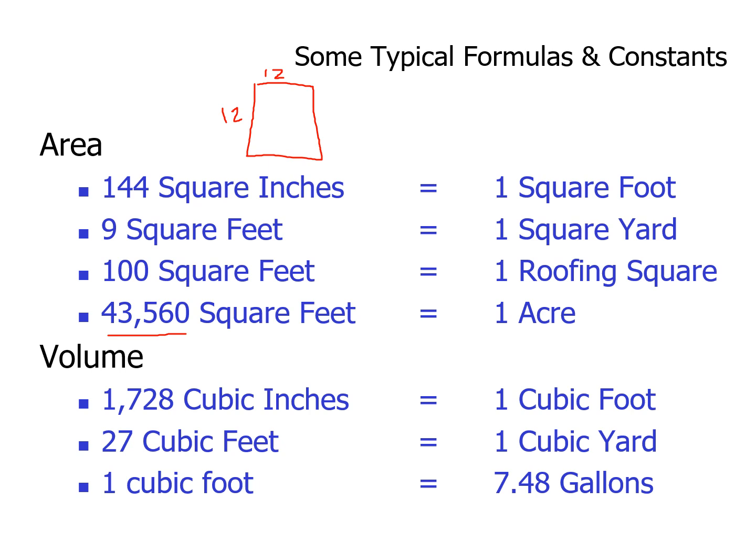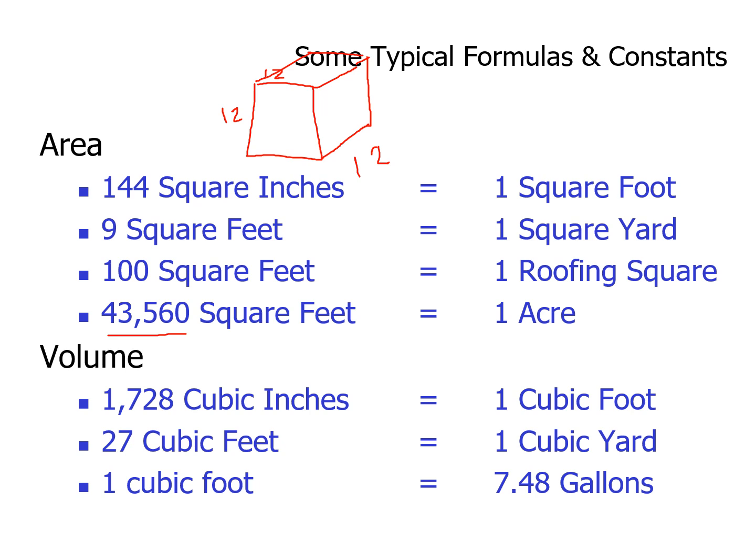The other one is cubic or volume down there. Now remember, this is a 12 by 12 is 144. Put a third dimension to that. And you can call the third dimension a depth, height, or a thickness. It really doesn't matter. It's a third dimension. So I have a shape that's 12 by 12 by 12. And if you did the math there, 12 times 12 times 12 is 1,728.